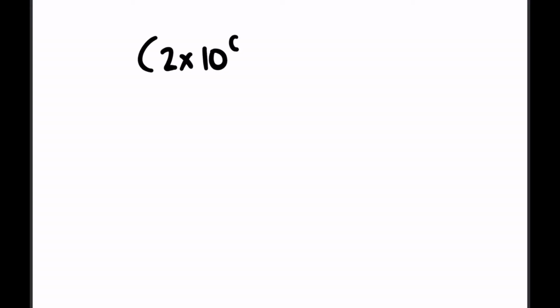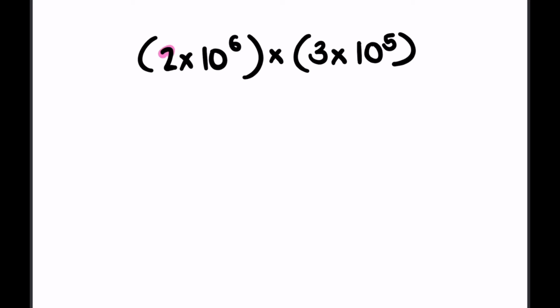Alright, so we're just going to carry on with some standard form or scientific notation. If I have 2 times 10 to the power of 6 multiplied with 3 times 10 to the power of 5, I'm going to start by identifying the 2 and the 3, and that's what I'm going to start by multiplying.